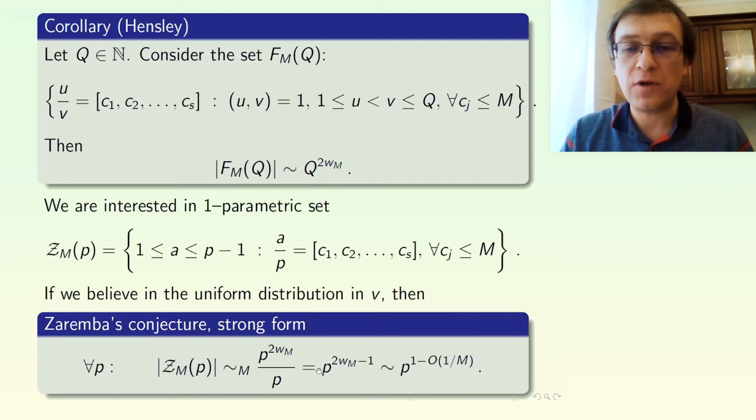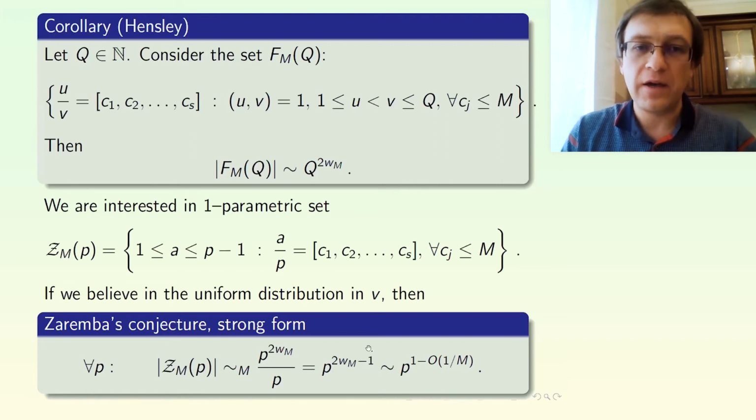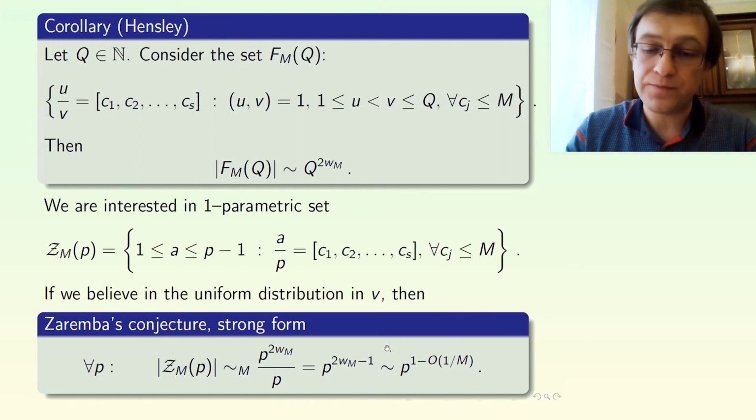And I obtain what? p to the 2 w_m minus 1. And if the Hausdorff dimension is greater than 1/2, then this quantity is positive. And hence, Zaremba's conjecture has a chance to be true.